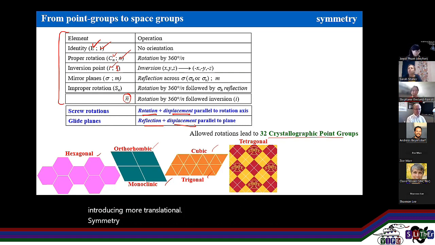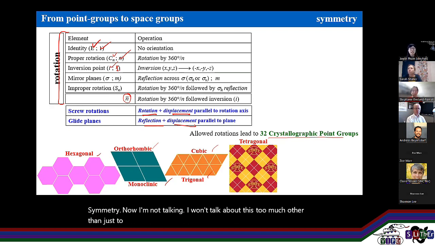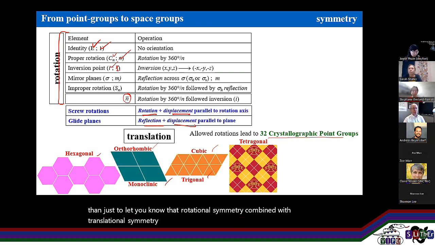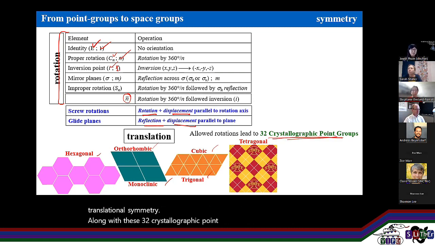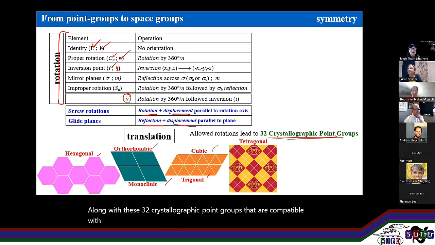Now, I won't talk about this too much other than just to let you know that rotational symmetry combined with translational symmetry, along with these 32 crystallographic point groups that are compatible with three-dimensional crystallography, allows there to be only 230 space groups total.